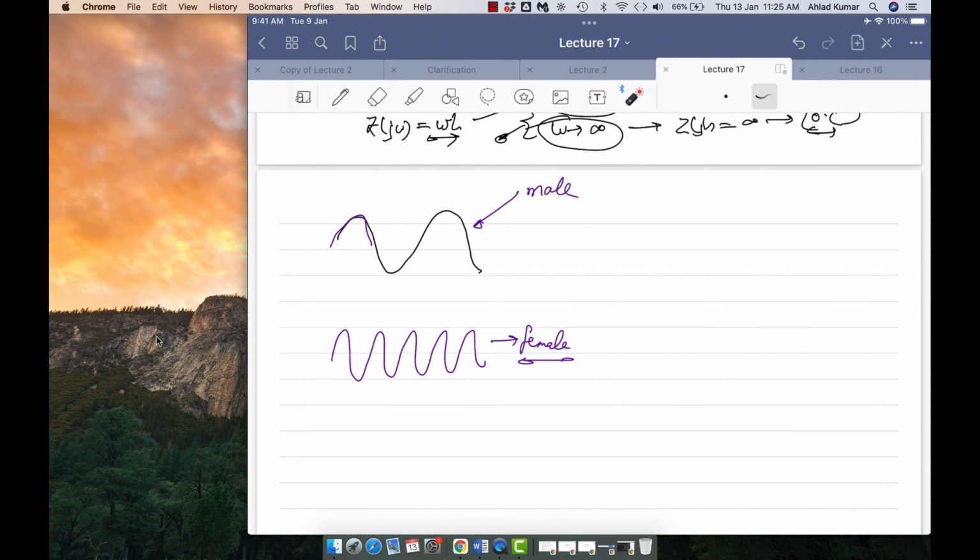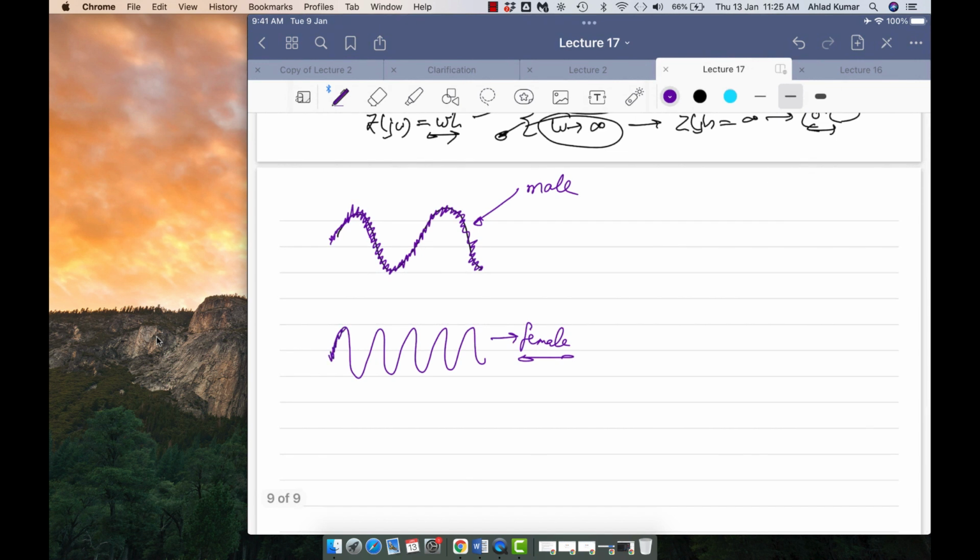So what happens is, normally, there will be noise in the environment. So this noise will superimpose on this, like this. So it's not an actual signal, it will have some noise. And if it affects the male voice, it will definitely affect the female voice also with the same magnitude.